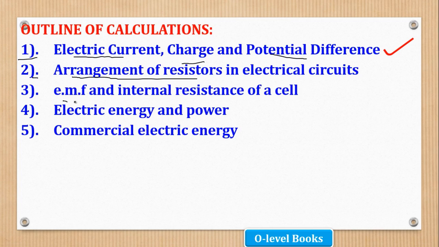The third is EMF and internal resistance of a cell, the fourth is electric energy and power, and lastly commercial electric energy. All these topics will be covered in bits. In this video we are going to concentrate on the first part of the calculations: electric current, charge and potential difference.